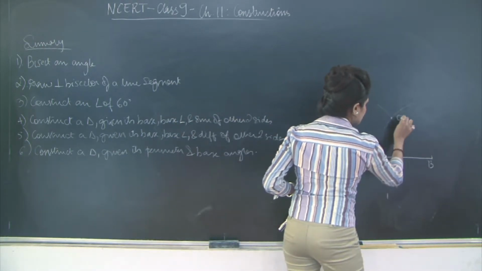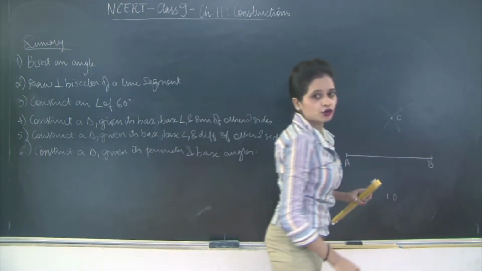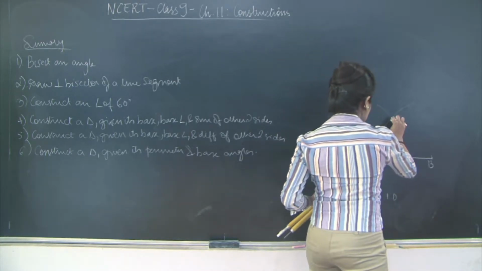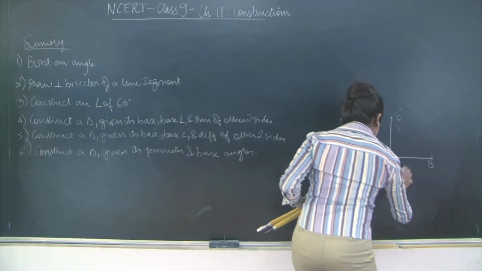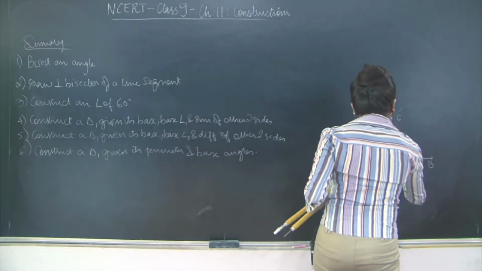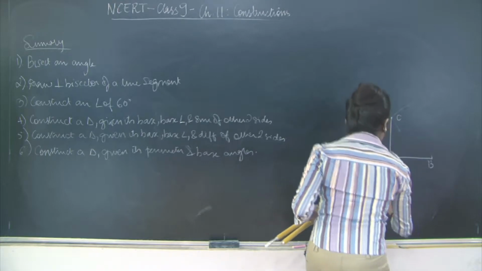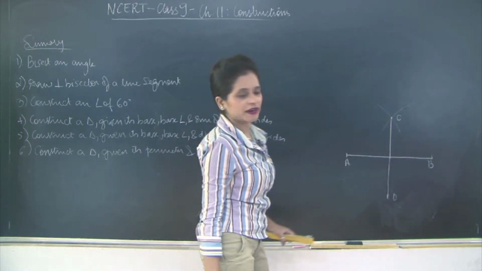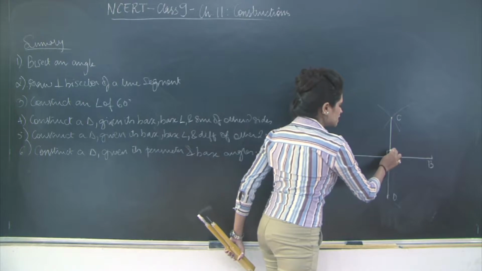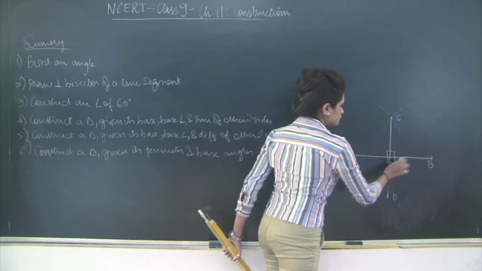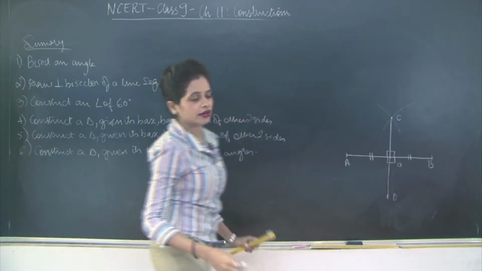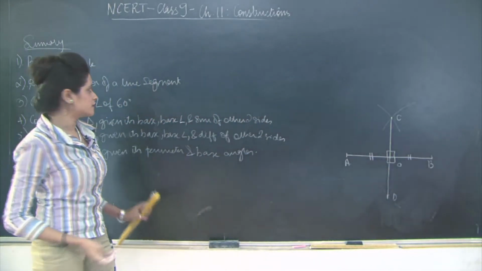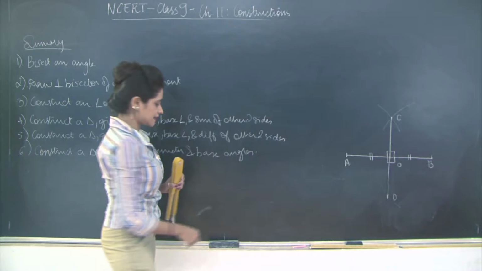Let's say it is C and D, and then you're going to join C to D. So CD is the perpendicular bisector of line segment AB. So AO is equal to BO, or OA is equal to OB. So this was about the perpendicular bisector.